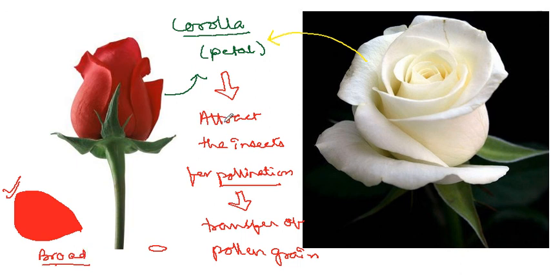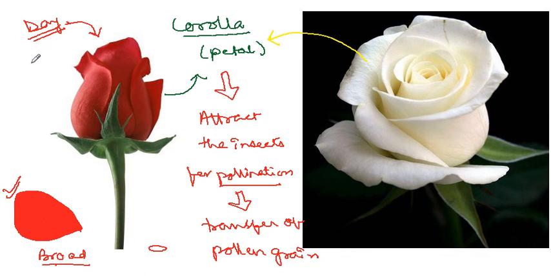And imagine if an insect is more active at the daytime, then at daytime the colors like red, pink, blue, their visibilities are much better. So it would be easier for the flowers which are red, blue or pink colored to attract the insects which are more active at the daytime.